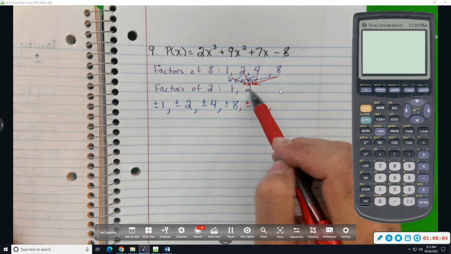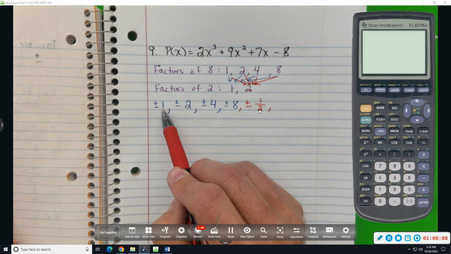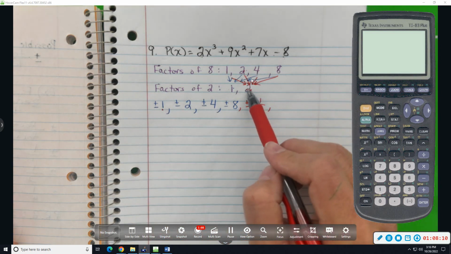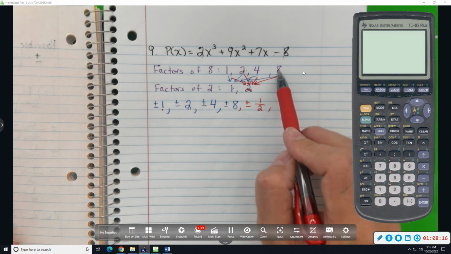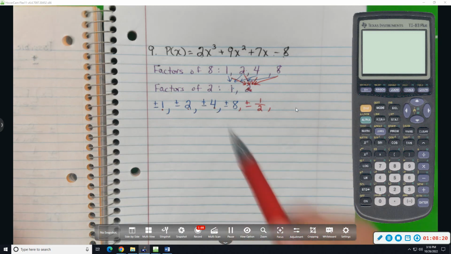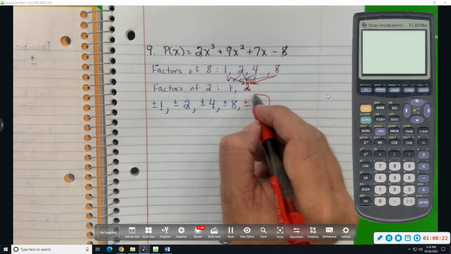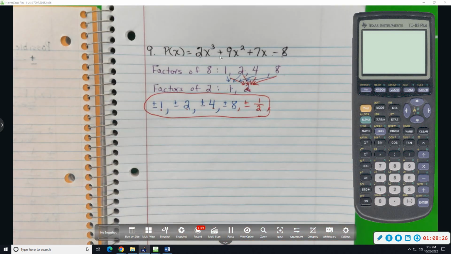What's 2 over 2? I think we already have it listed. 1. What about 4 over 2? 2. We already have it listed. 8 over 2 is 4. It's already listed. Look at that. These are the only numbers that could possibly make that function equal 0.